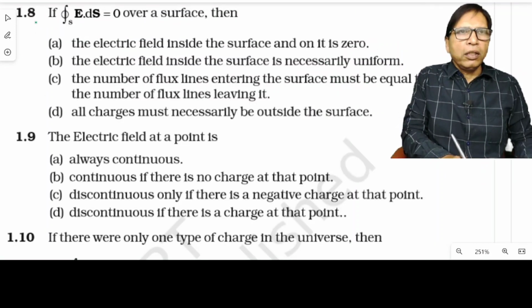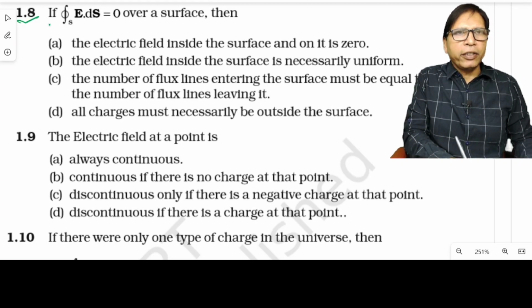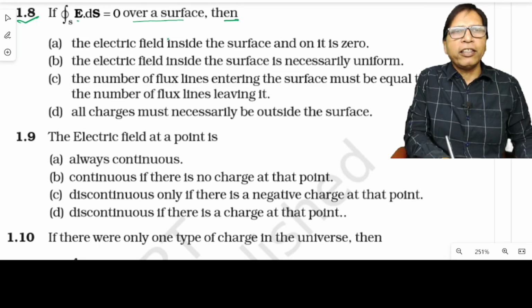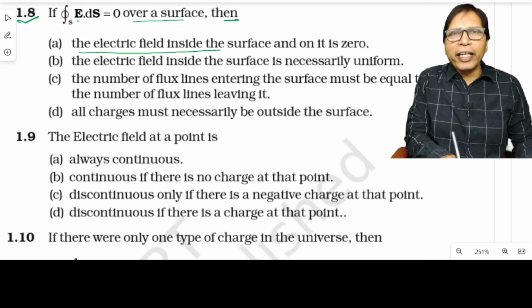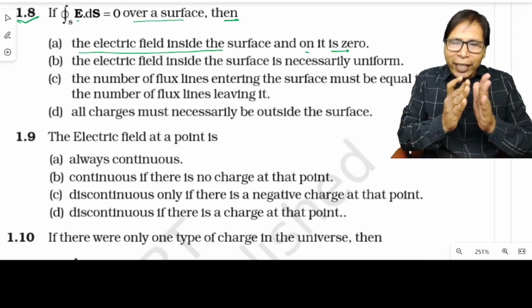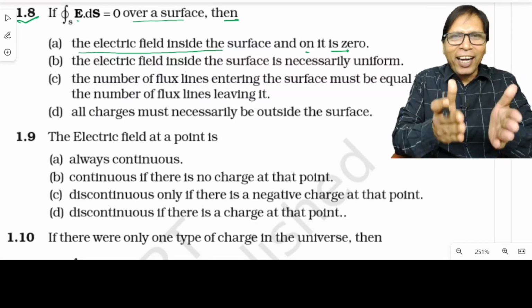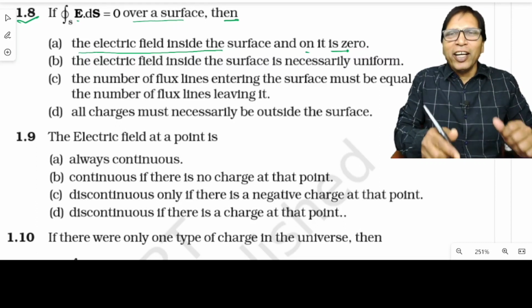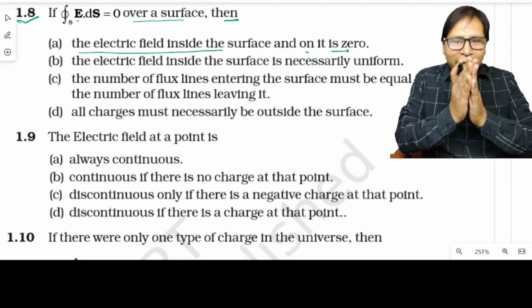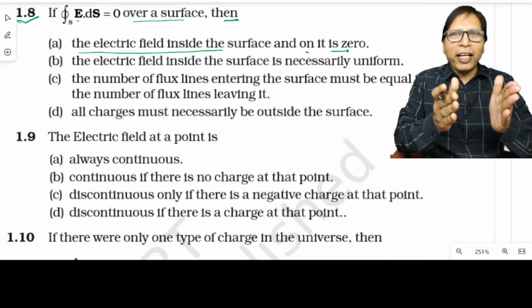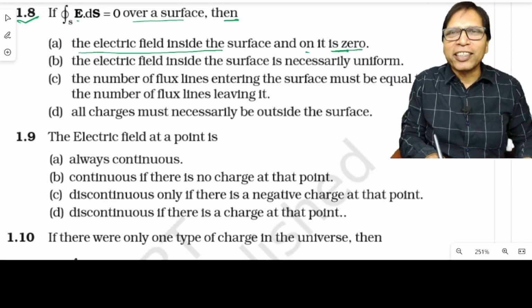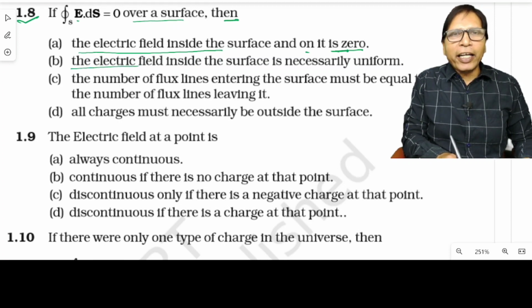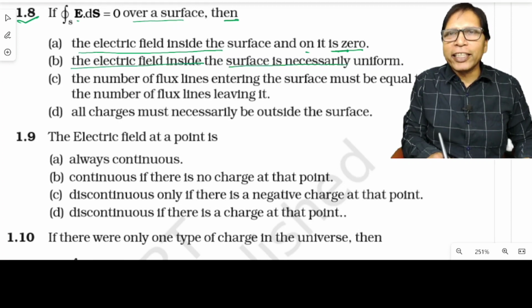Now question 1.8. If the surface integral of E vector dot dS vector is 0 over the surface, then look at this: the electric field inside the surface is 0? The electric field may be parallel to the surface. The electric field inside the surface is necessarily uniform?